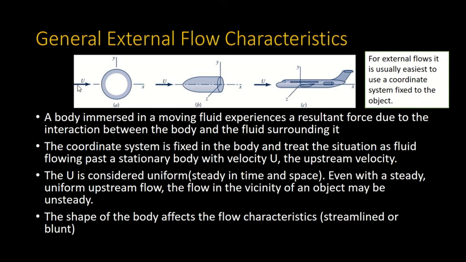Recall in chapter 2, we had uniform flow, so it is always parallel and steady in space and time. This U for the incoming velocity is uniform and steady in space and time. This one is for XY, which means it is two-dimensional, and for B it is an asymmetrical body.